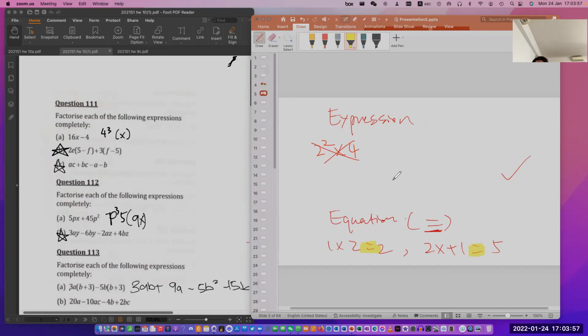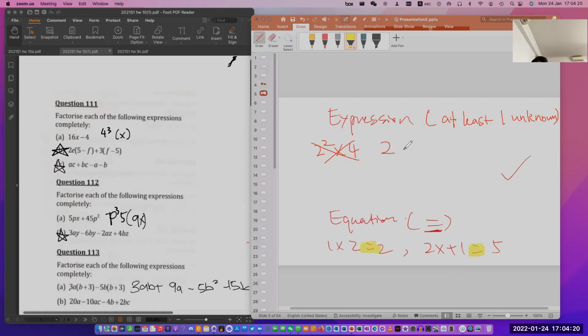Expression means you need to have an unknown letter, at least one unknown. So what's the meaning of one unknown?